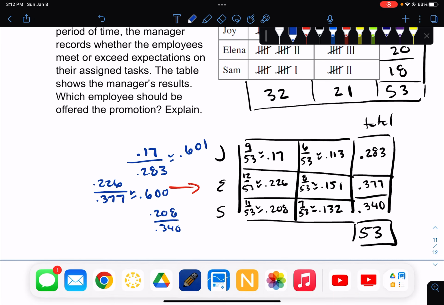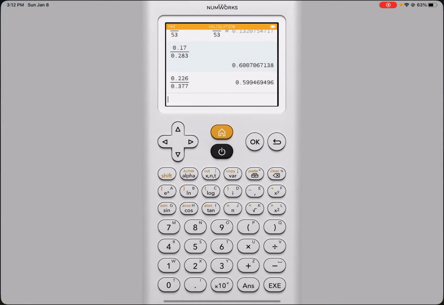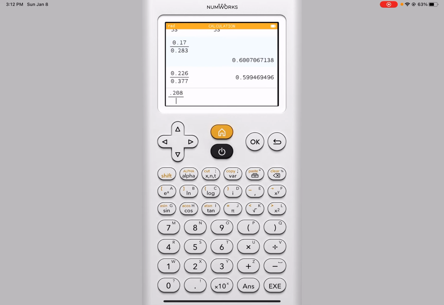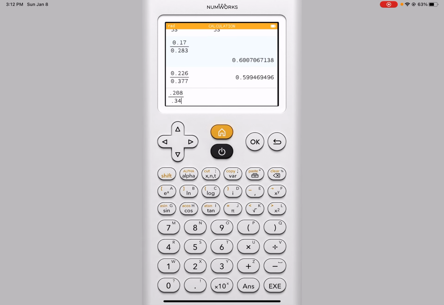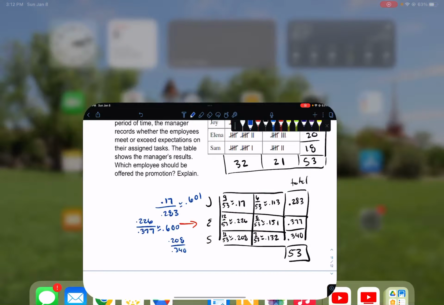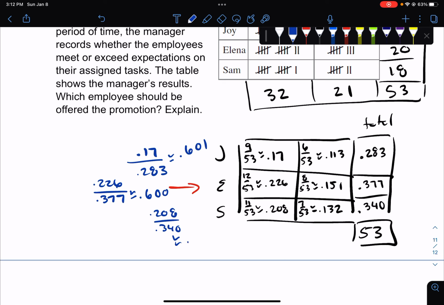0.208 over 0.340. So 0.208 divided by 0.340 is 61.2%. Approximately 0.612. My bad. So Joy exceeded expectation 60.1%.